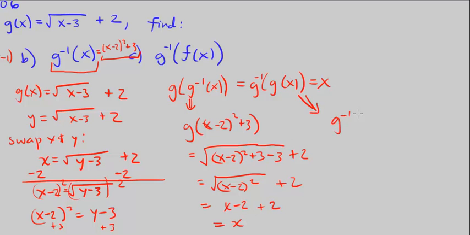So then let's check the other direction. The inverse function of g composed with our function g is equal to our inverse function with the input of g of x.